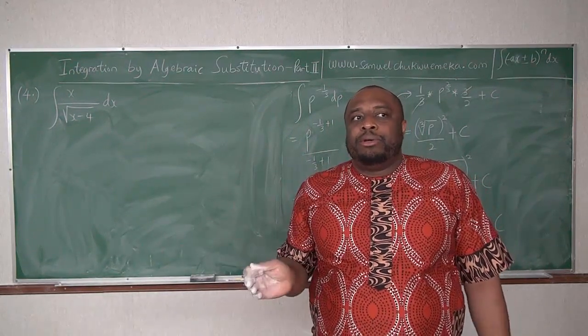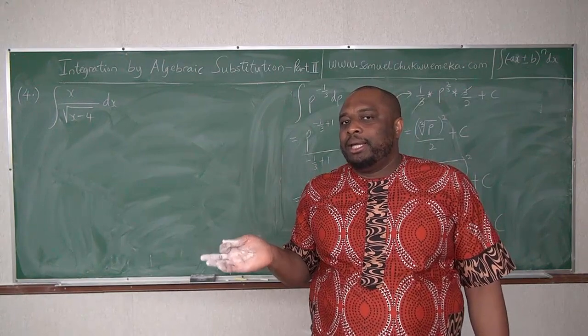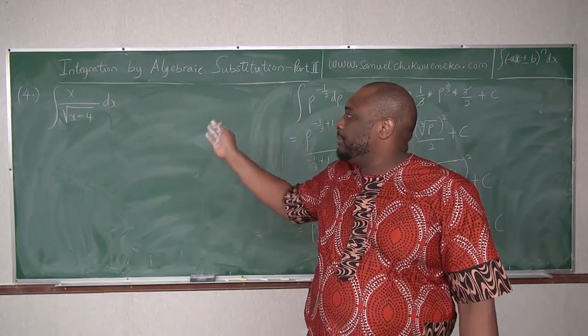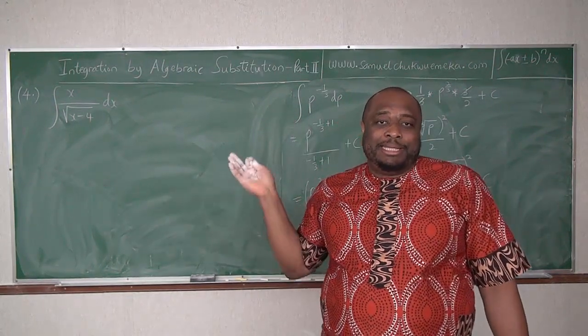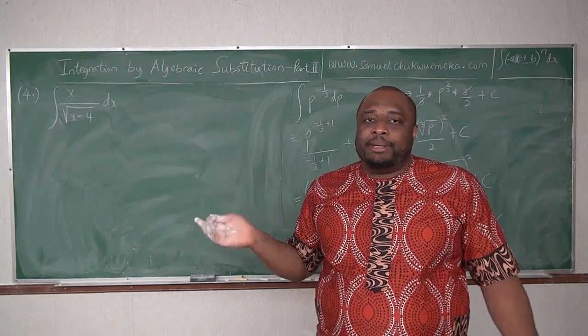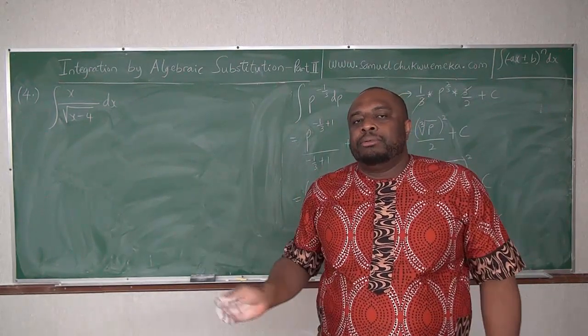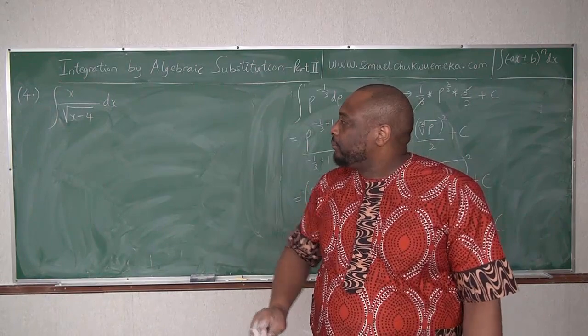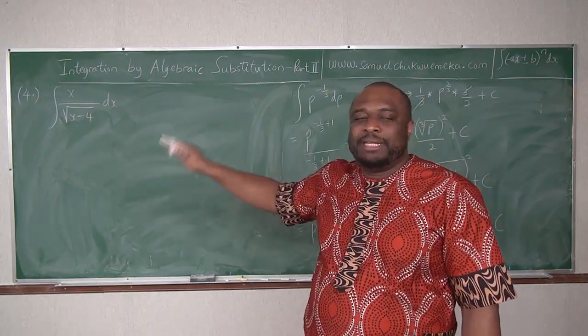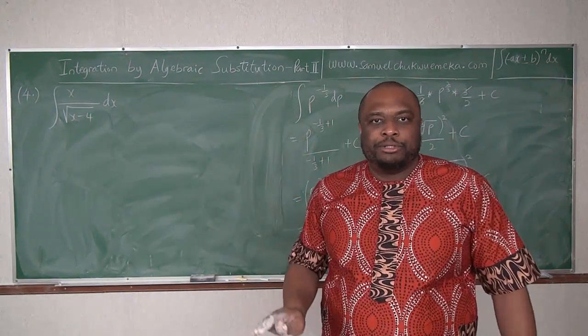But to be honest with you, I think algebraic substitution is faster here. It's up to you, whichever one you prefer. But we want to solve this by algebraic substitution.